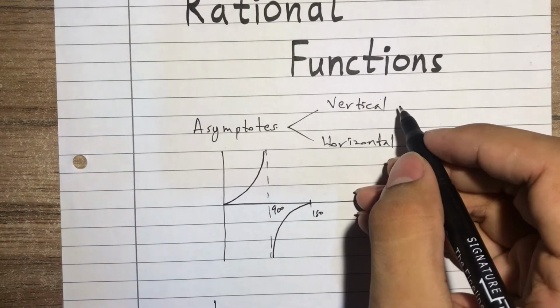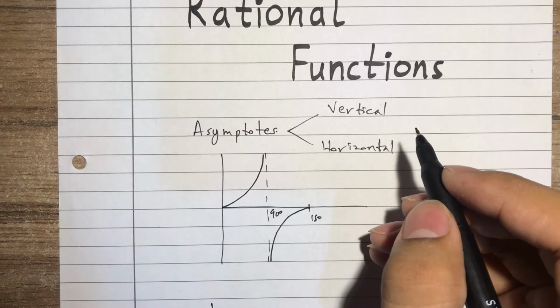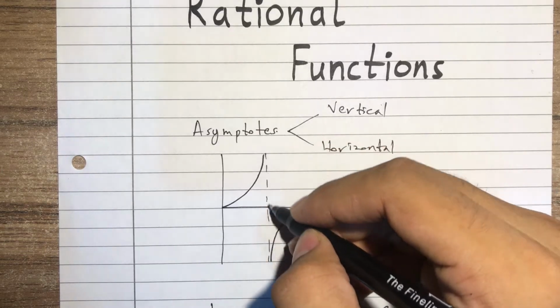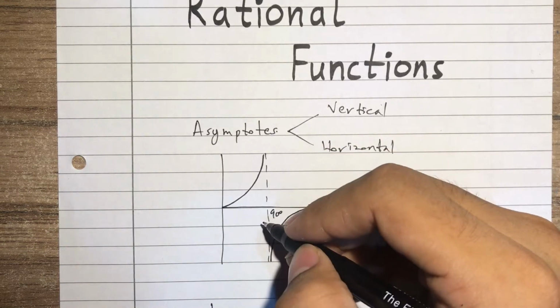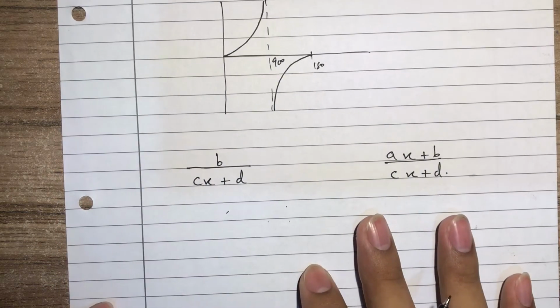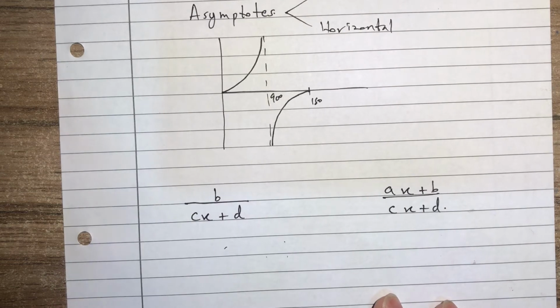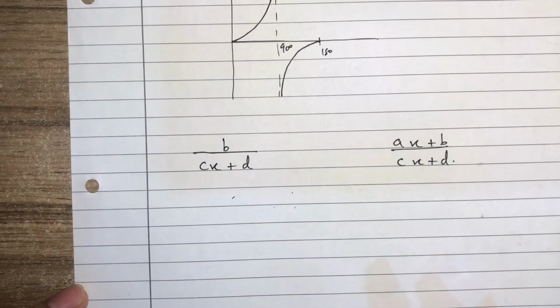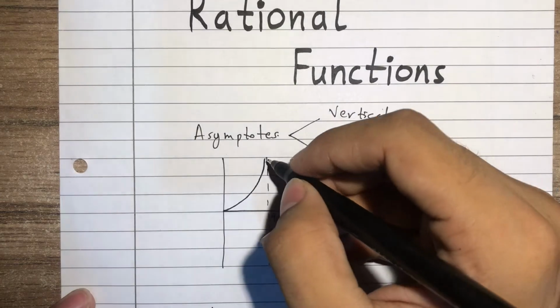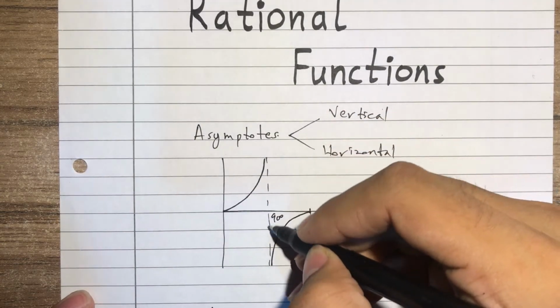So a vertical asymptote is basically the equation of a line that is vertical, right? So it's going to be x equals something. It's basically a line at which the curve is undefined because we don't know what the value of the curve is at this line.